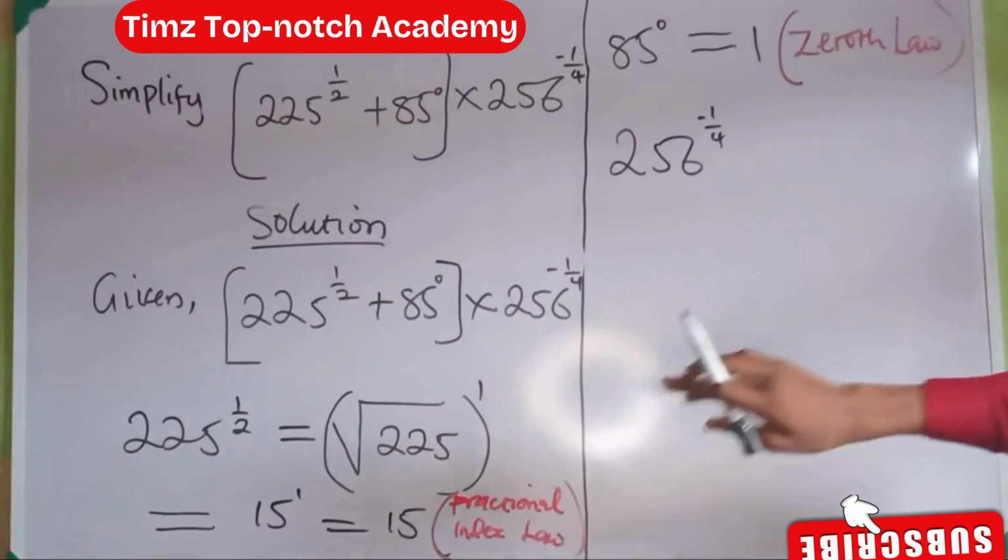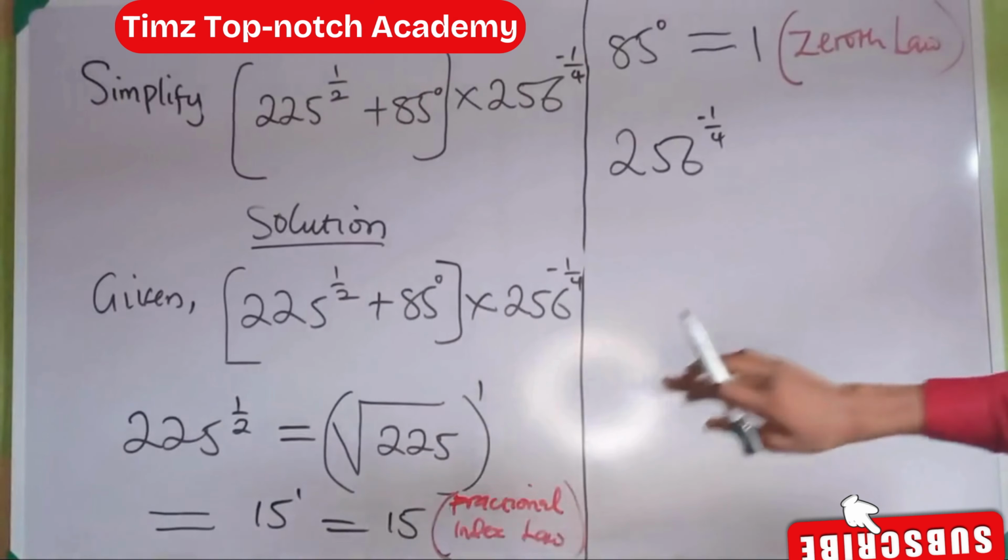We have square root. So here it should be 1 all over. Do you understand? Whenever you see a negative like this, the negative there stands as 1 all over. Then you consider what is here.